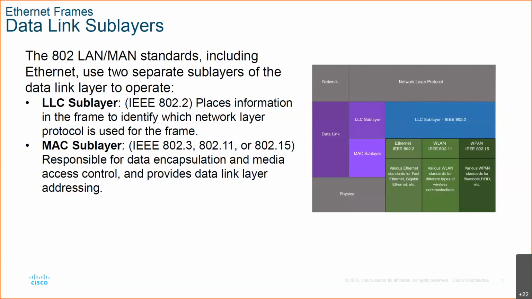As we studied in our lecture, LLC places information in the frame to identify which network layer protocol is used. And MAC is responsible for data encapsulation and media access control, and provides addressing. What kind of addressing? Hardware addressing. We are talking about hardwired addressing. We are talking about base 16 hexadecimal addressing.